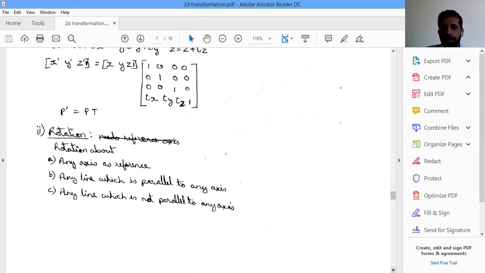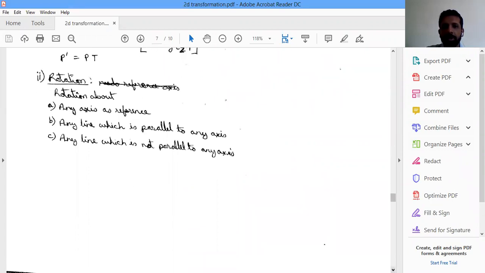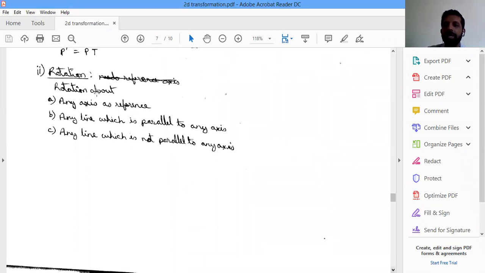Okay, so rotation. Coming to the rotation in the 3D environment, there are three things that we can rotate with respect to. It can be rotated about an axis as a reference. As a reference, we need one axis to rotate about.